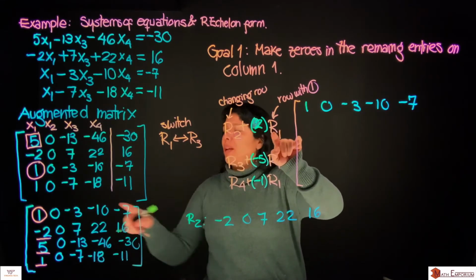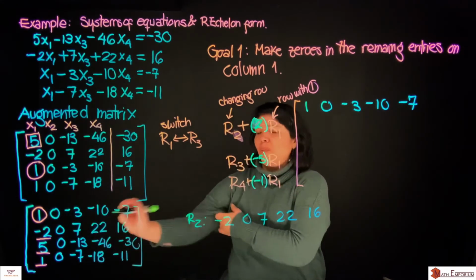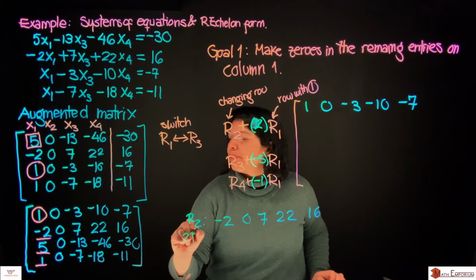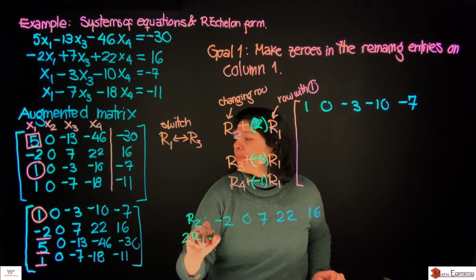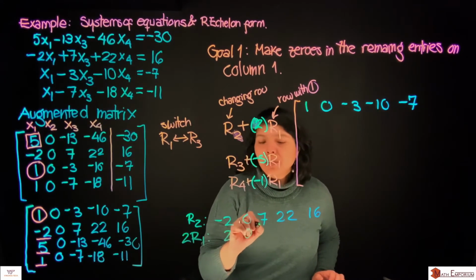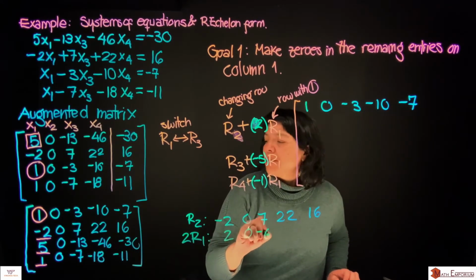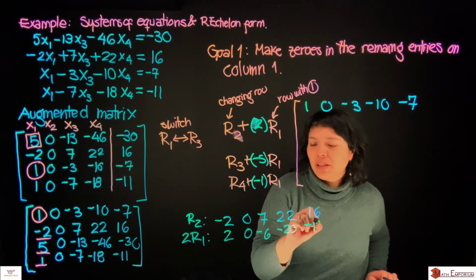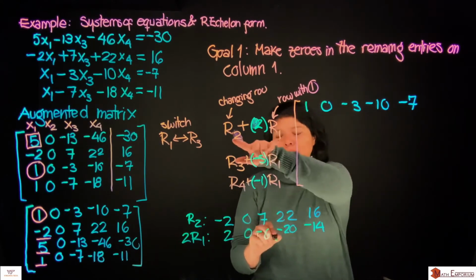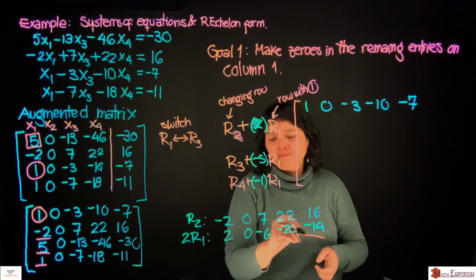2 row 1 means multiply these times 2. So it's going to be 2, 0, -6, -20, and -14. And I'm going to add these two just as it says here.